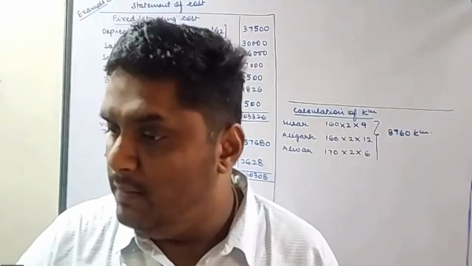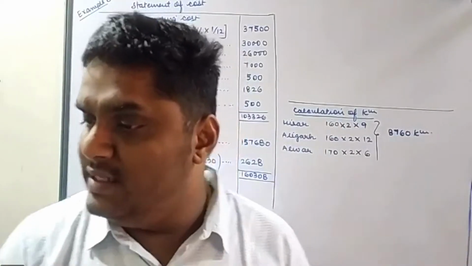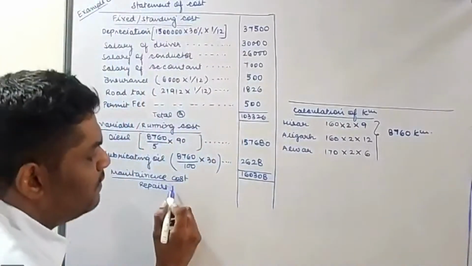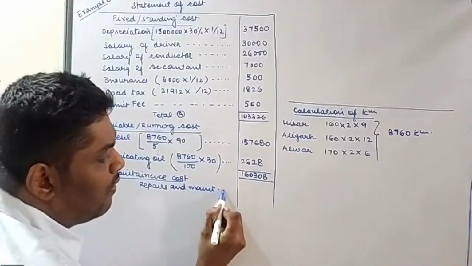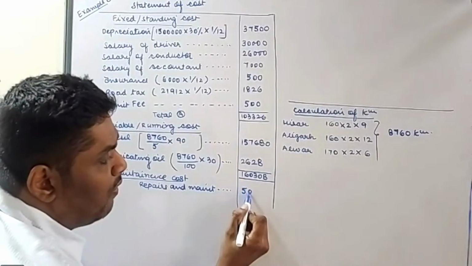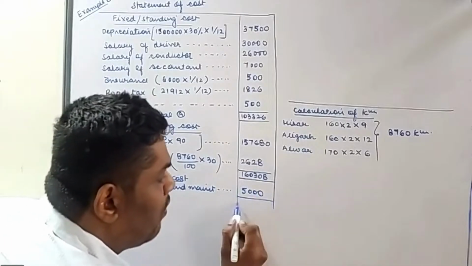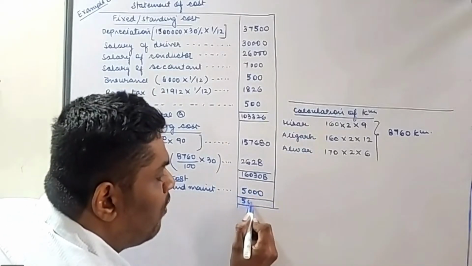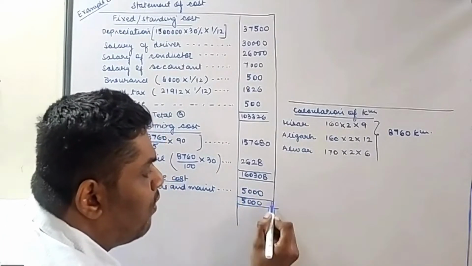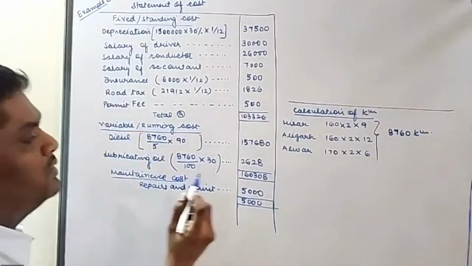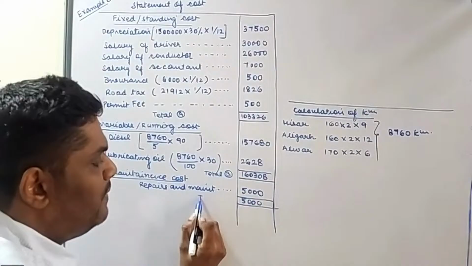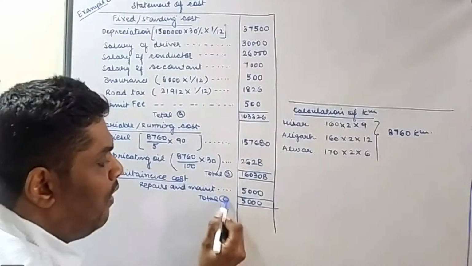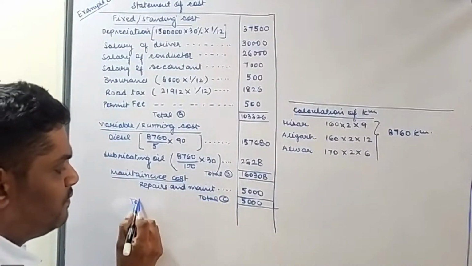Very good, Pawan. Repairs and maintenance is given, that is 5,000. So this will be total B. And this will be total C.